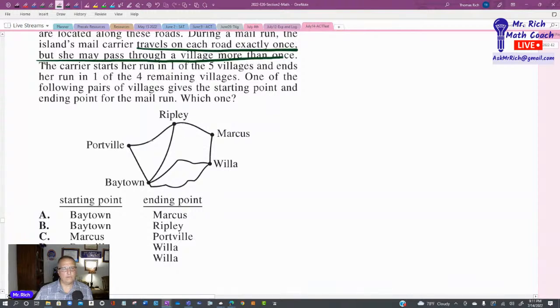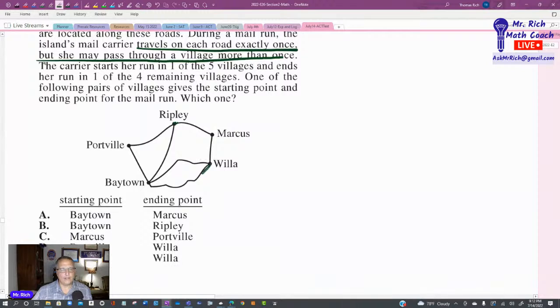Okay, so I think I'm either going to have to start at Ripley because I have 3 things. I could start at Ripley or Willa or Baytown. Okay. If I go with Portville, Baytown, because there's 4 things leaving Baytown.